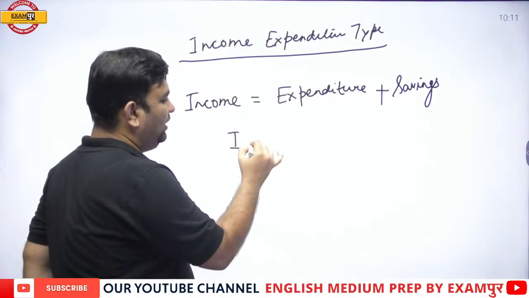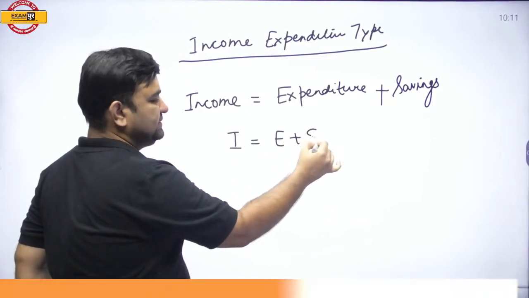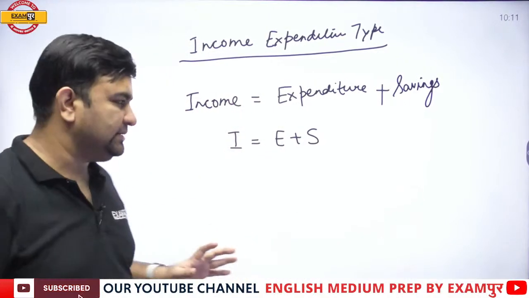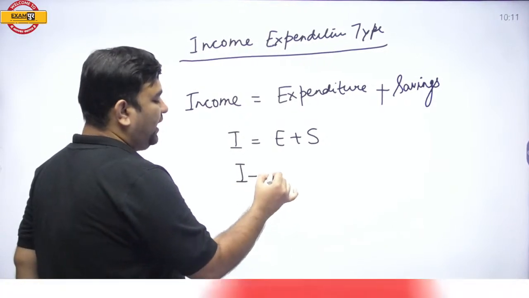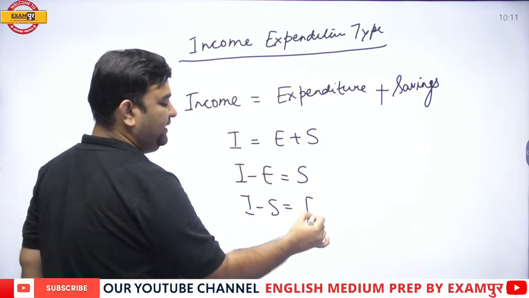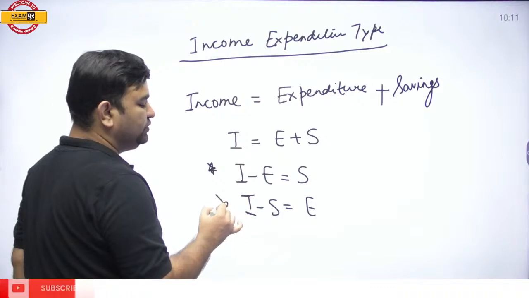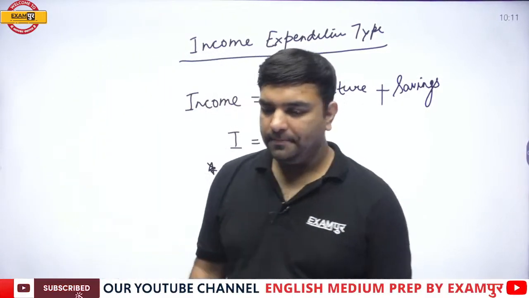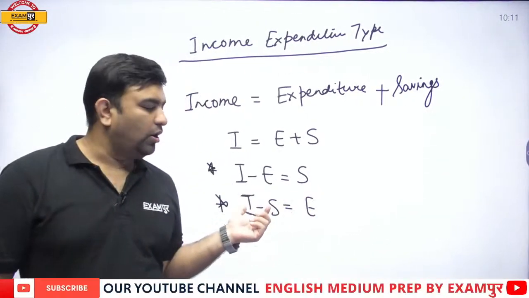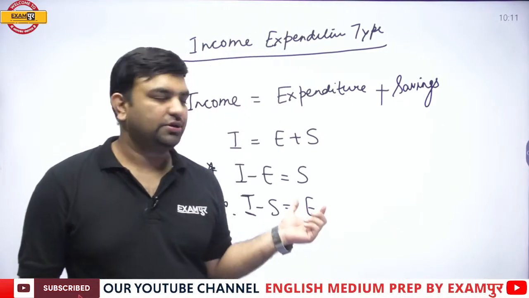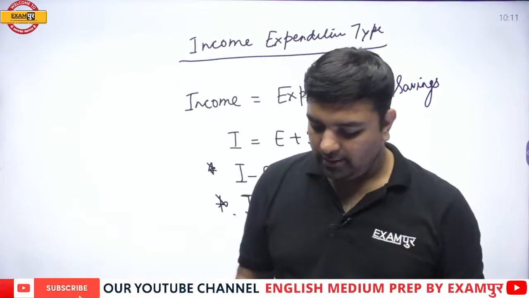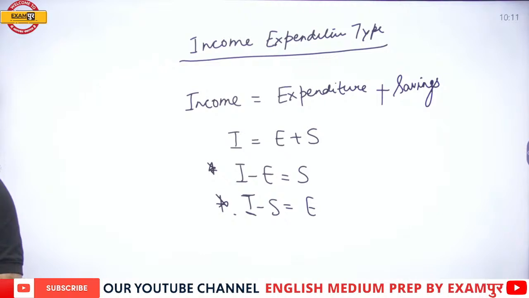In notation, I is equal to E plus S. So wherever required, I minus E can be used as saving, or I minus S can be used as expenditure. That is common sense that we can use.